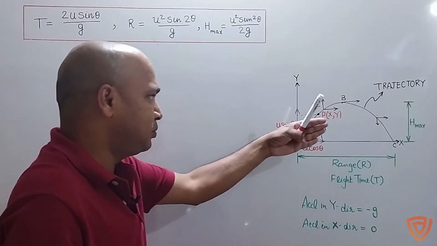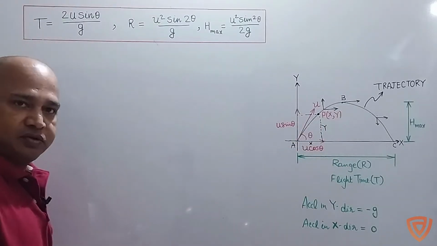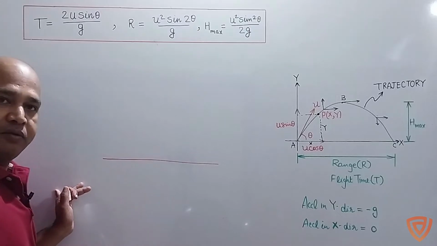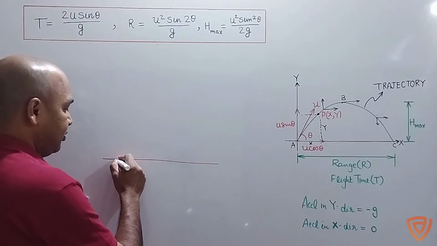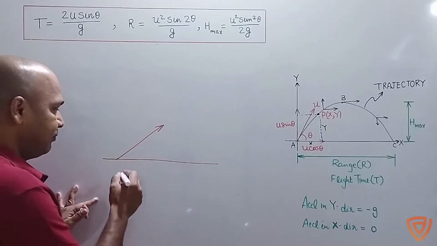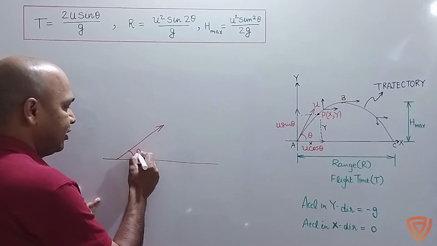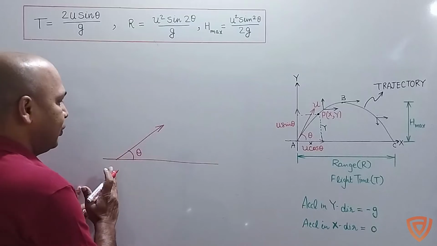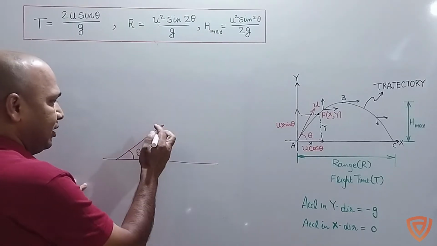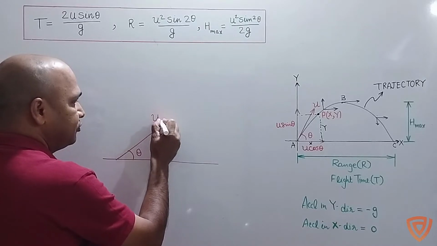So let me make this over here so it will be very clear. This is your horizontal plane and you throw the ball or object like this at an angle theta. We are not throwing it vertically up or horizontally. So we are throwing at an angle theta with initial velocity u.